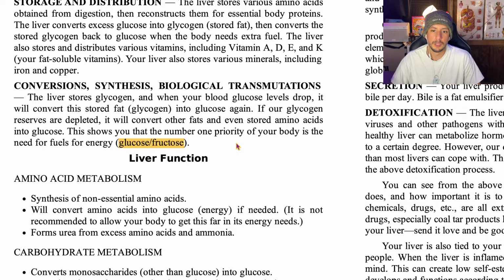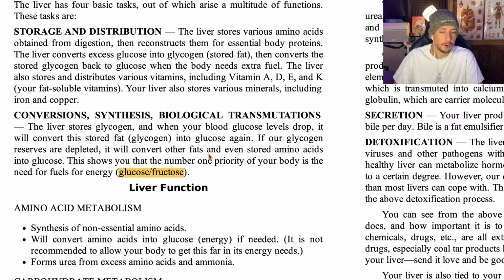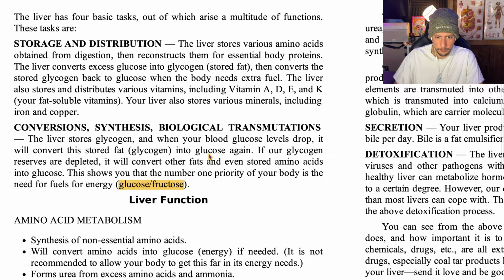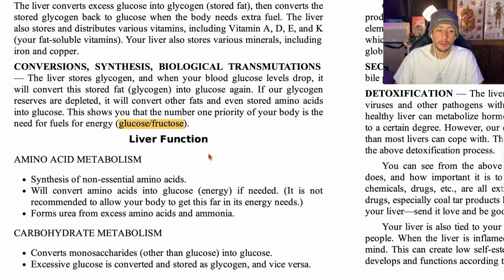When push comes to shove, your body will start eating itself to get energy, aka glucose, fructose, glycogen, any stuff that is easily converted into ATP. So your body, first and foremost, cares about energy. It doesn't care about storing anything or keeping that fat there or keeping that muscle there. It just cares about having the energy to keep everything running.